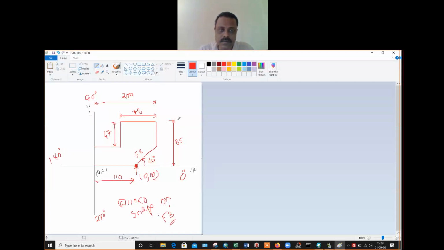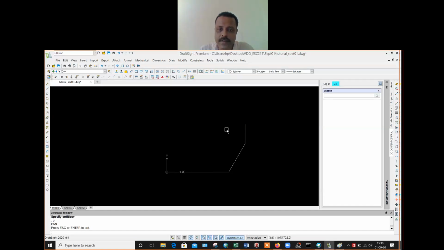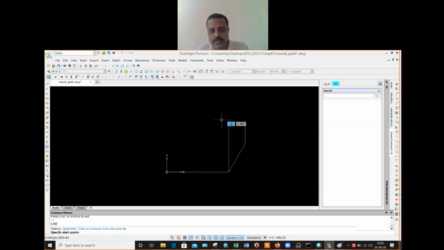So now this distance is from here up to here, it is 85. How did I draw 85? Because I know that from this point it should be 85, right? So I am drawing a line from here which should be of 85 millimeter length, and this angle is 90 degree.